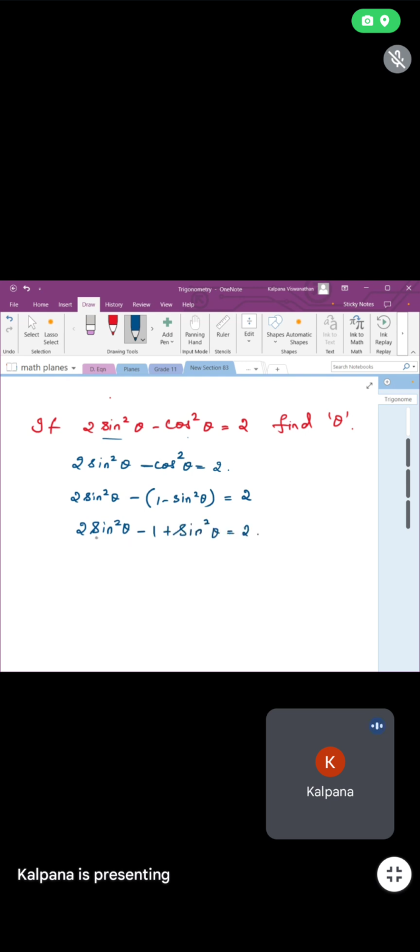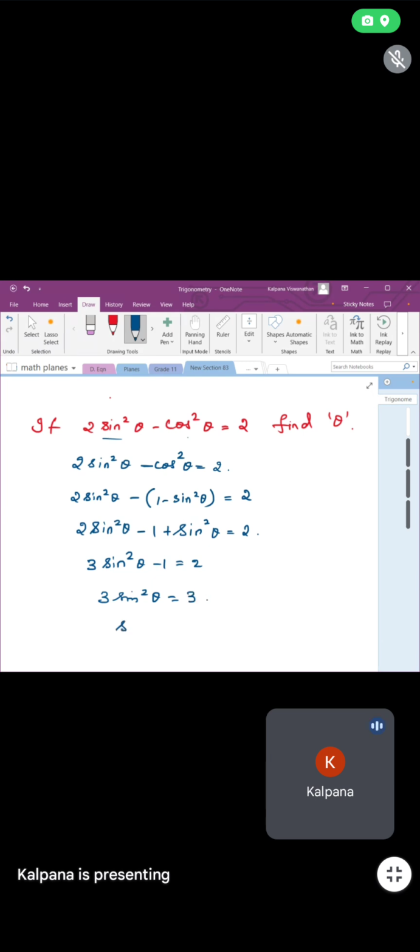Now what happens? 2 sine square theta plus sine square theta is how much? 3 sine square theta. 3 sine square theta minus 1 equal to 2. Take this negative 1 to the other side. So 3 sine square theta is equal to 3.